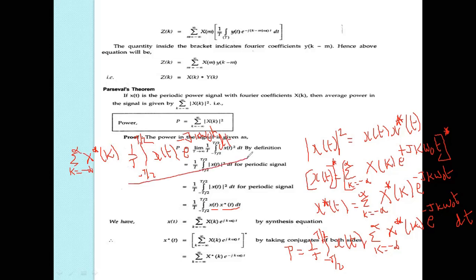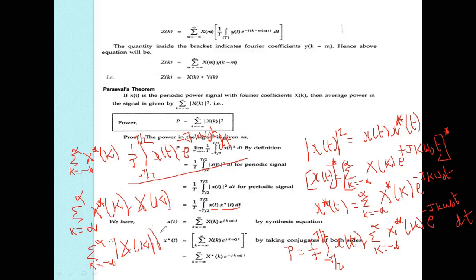Observe here, this total function is the analysis equation, x of k. So x of k and x star of k become the squared magnitude of x of k, just as x of t and x star of t give the squared magnitude of x of t. So Parseval's theorem: the power P is equal to the sum of k equal to minus infinity to infinity, the squared magnitude of x of k.